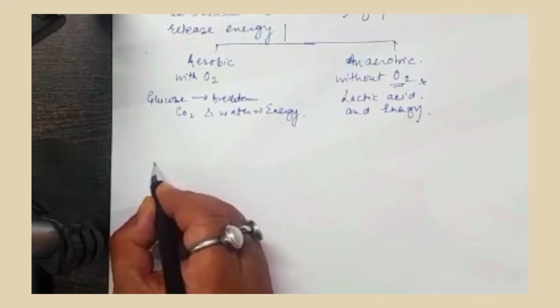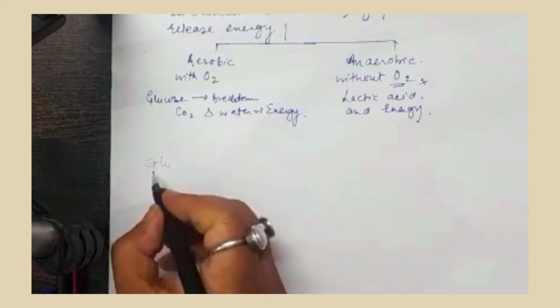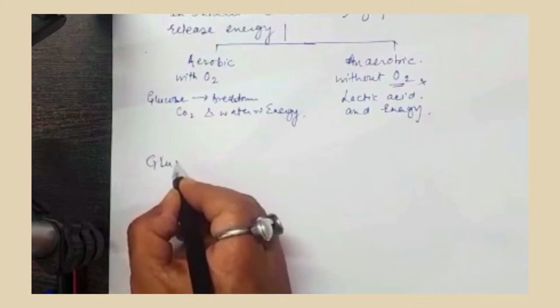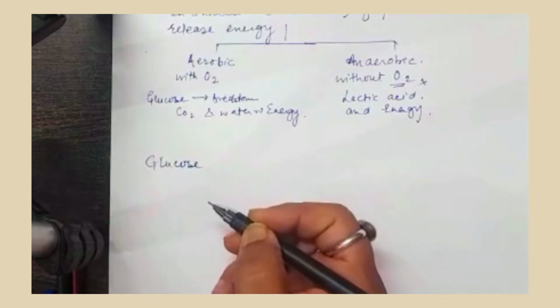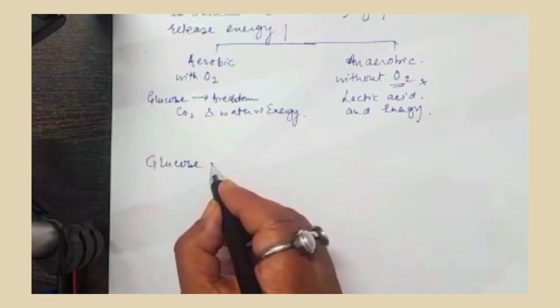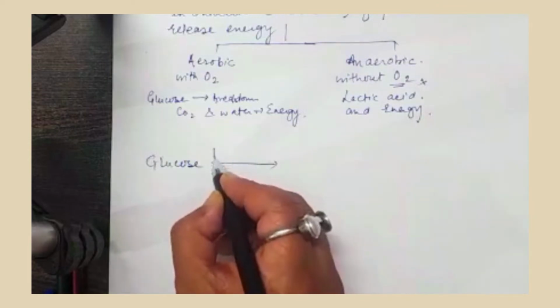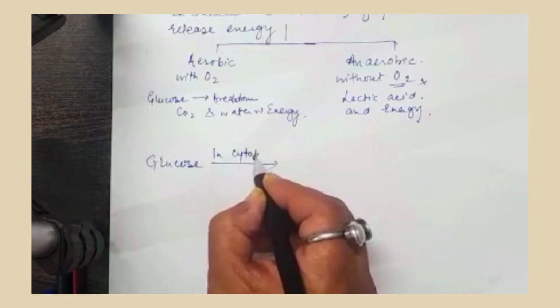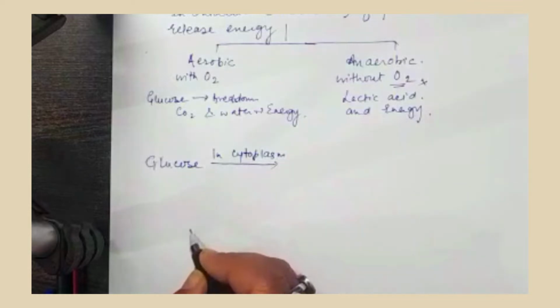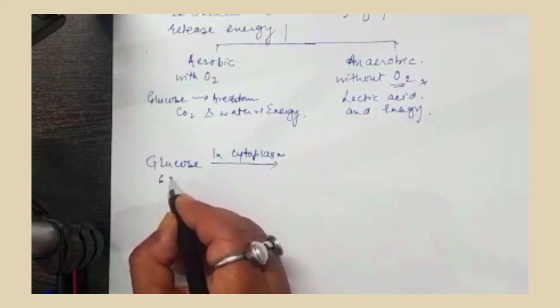Like glucose in cytoplasm, that is in the cell, right? This is a 6 carbon molecule.